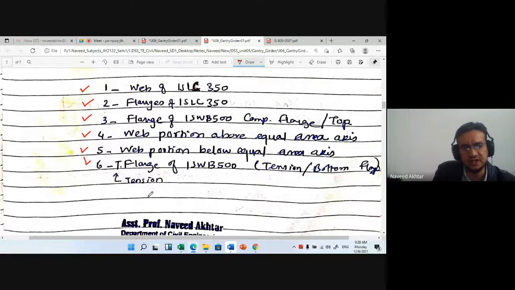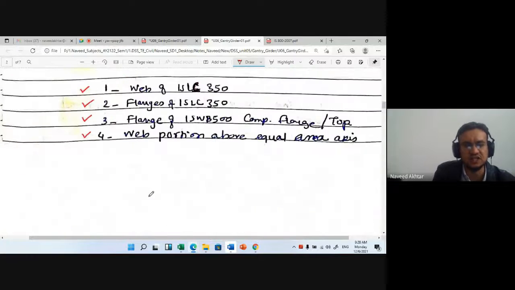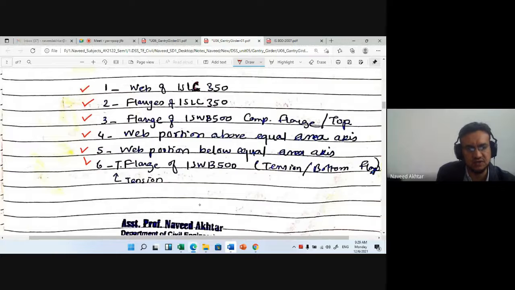All these we consider, and we have found the ZP value. You find out the ZP value, and that ZP value you can write out.